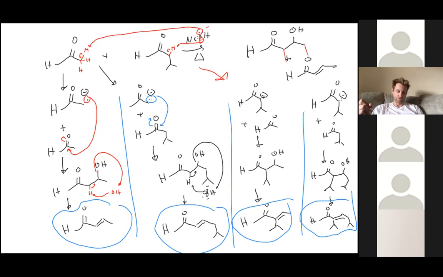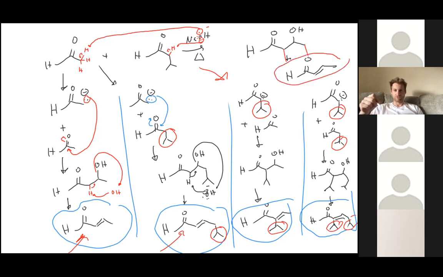If we take a look at the first one, the only difference between this and this here is that because we had an extra group here, we add one on to this position. Same thing in the next one, we had 2 of them, so we added 2 of them. So you always have this exact structure to your product. You just have to start adding in some different groups depending on what you're reacting.